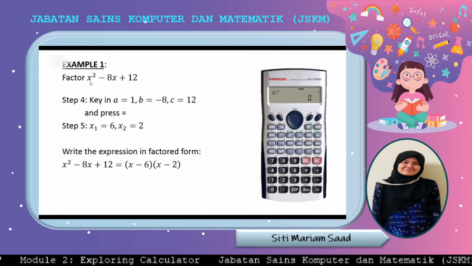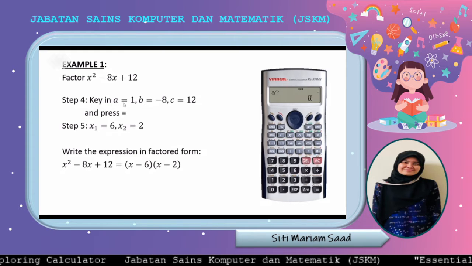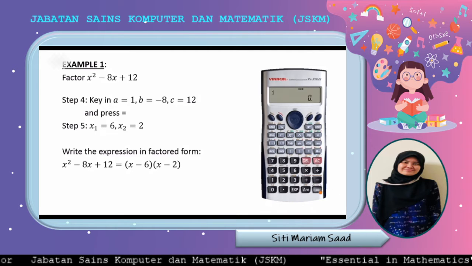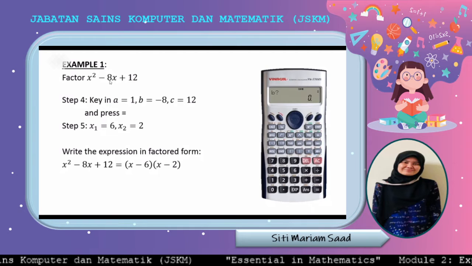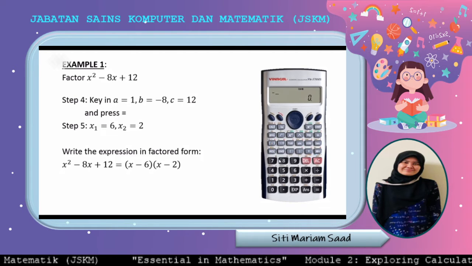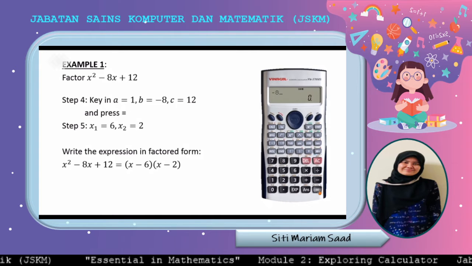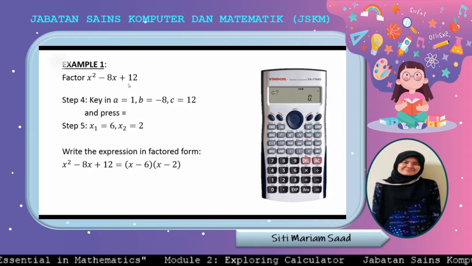The coefficient of x squared, the value of a, is 1. So press 1 and then press the equal button. For b, the coefficient of x is negative 8, so key in negative 8 and press equal. For c, the value is 12.